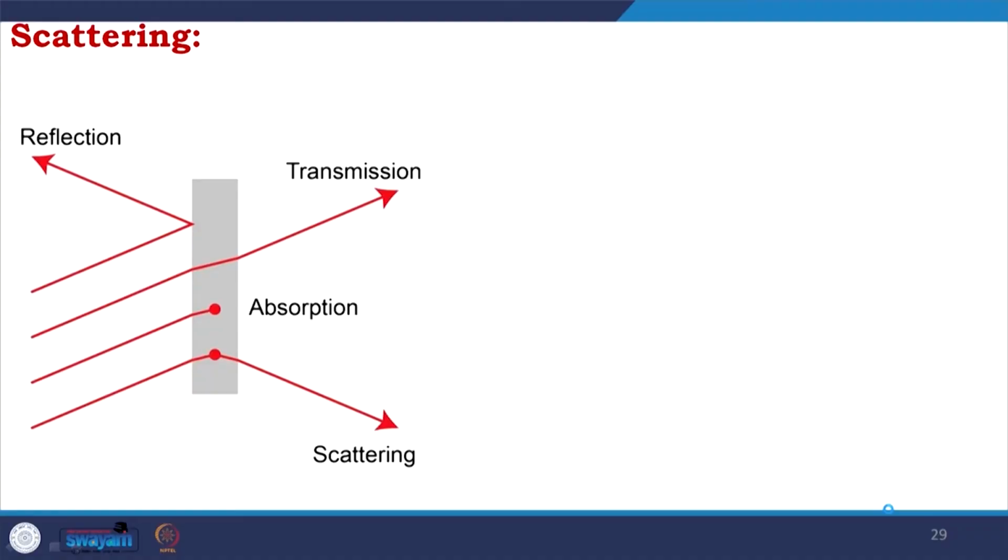So, I will now shift to scattering. I talked about the interaction of matter with light, which leads to many phenomena like reflection, transmission, absorption, scattering, and as we have discussed earlier, the basic foundation of spectroscopy is the interaction between light and matter.